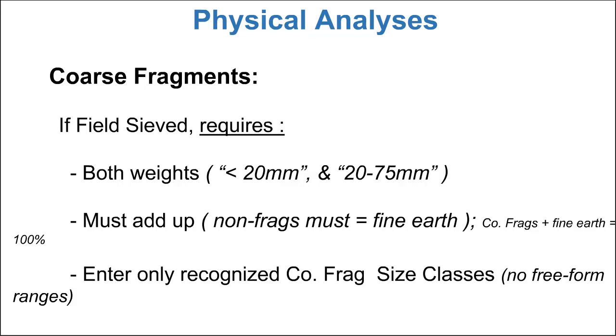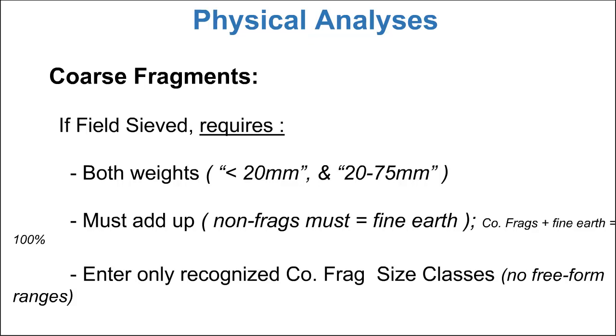But if you do that, we need both the less than 20 number and the 20 to 75 number. There have been occasions where folks have known correctly that the only number that goes into the lab data from the field sieving is 20 to 75, so that was the only number they sent us. The unfortunate side effect, though, is that we have to have both of them to calculate a percentage. So with one single weight, we have nothing we can work with.